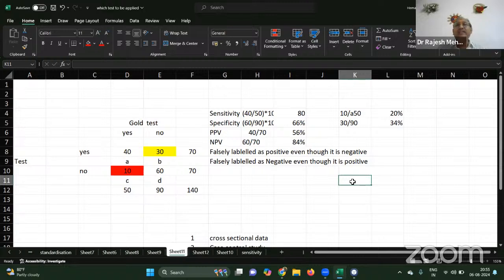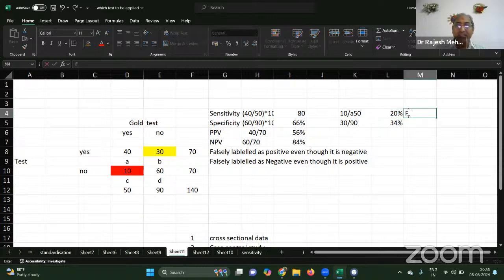And we will talk about how we can change the probability of the same test using the sensitivity and specificity at different cutoff lines. Now before I proceed, you can see the sensitivity and this 20%, right? Falsely labeled as negative, and this is falsely labeled as positive.